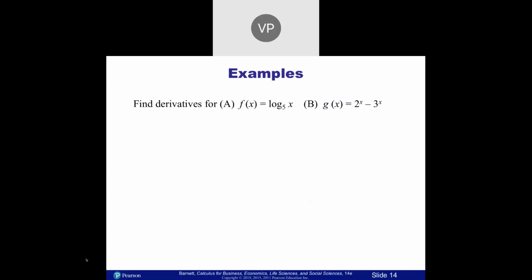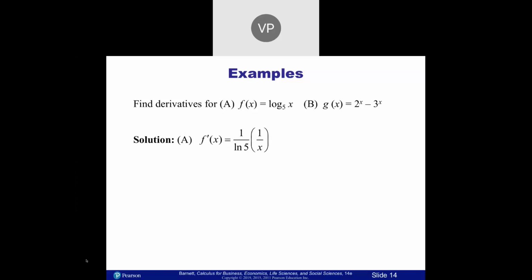Okay, so more examples. We want to find the derivative of part A, which is f of x equals log base 5 of x. So remember, if that's natural log of x, it's just 1 over x. If it's any other log, like in this case a different base, a 5, then the answer is still going to be 1 over x, but remember, we have to take a 1 over natural log of that other base, whatever that oddball base is.